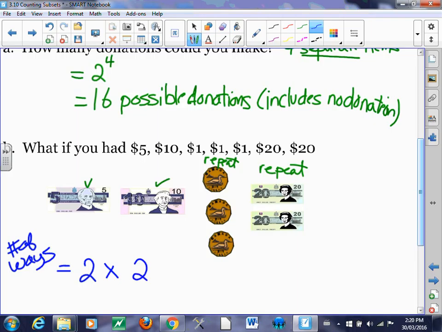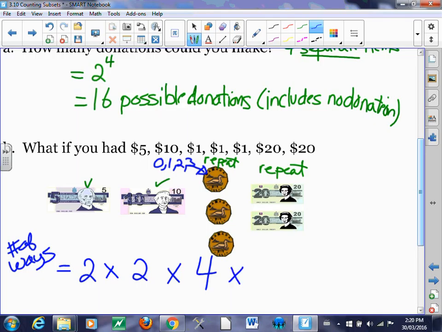Now here's the tricky part. If you have 3 loonies, how many different possible ways could you donate that? Well, you could donate none of them, you could donate one of them, 2 of them, or all 3 of them. So there are 4 different choices.